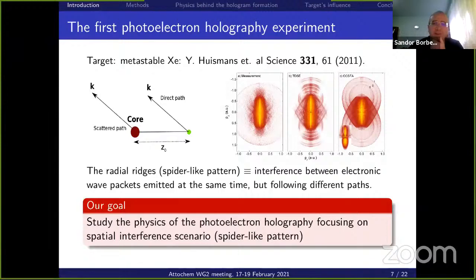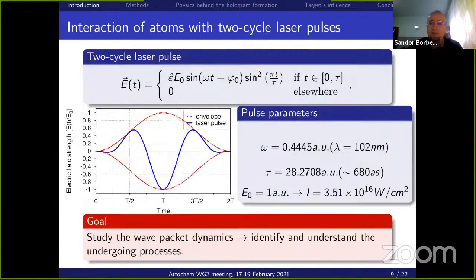The experiment was done using IR pulses, but as you know, to do numerical calculations in the IR photoenergy region is very time-consuming and resource-consuming, because you have a very large wave packet quiver motion, so you need a large simulation box. And in order to study the physics behind this interference pattern, we choose a very short laser pulse.